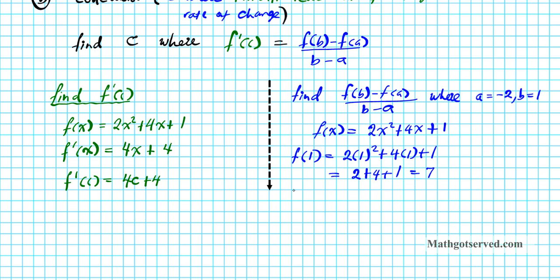And then let's look for f of a, which is f of -2. That's 2 times -2 squared plus 4 times -2 plus 1. Using order of operations, 2 times -2 squared is 8, minus 8, plus 1. We have 8 minus 8 plus 1 is positive 1.